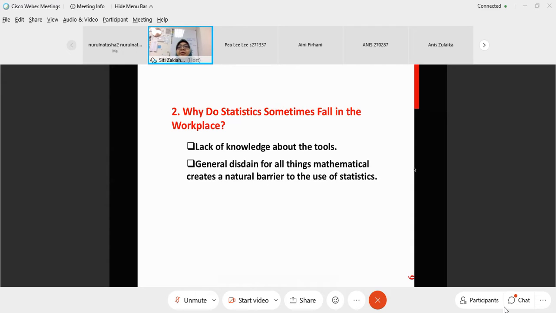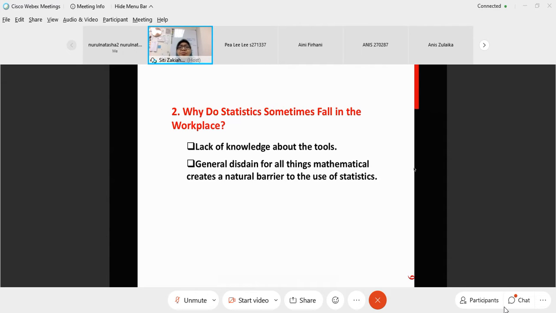So selalunya, if you are given something, I'm given this thing, how to do it? Why does this thing happen? That kind of question sepatutnya it will be in your mind. Then you develop curiosity, okay? Kalau you ada questions in your mind, then you can do the job.